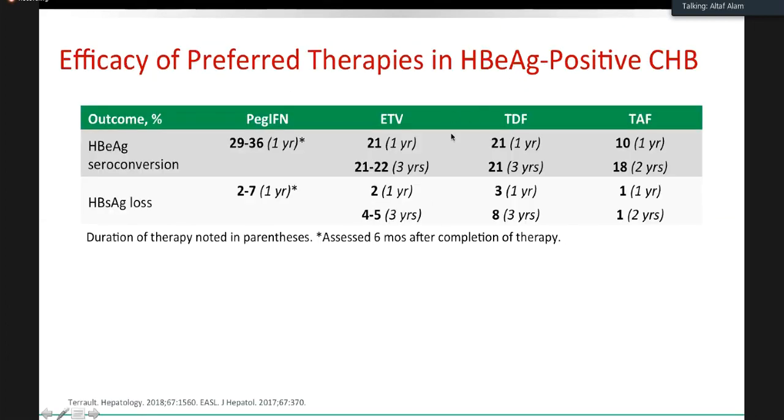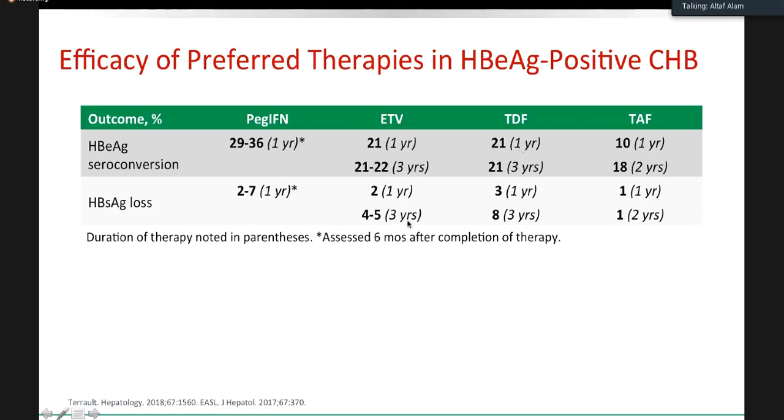What do we get in E antigen positive patients? E antigen seroconversion in 1/3 with interferon and around 20% across the board in 1 to 3 years' time. Surface antigen loss, about 8% in PEG interferon in 1 year, although it continues to rise even after stopping therapy and maybe up to 18% at the end of 5 years follow-up.